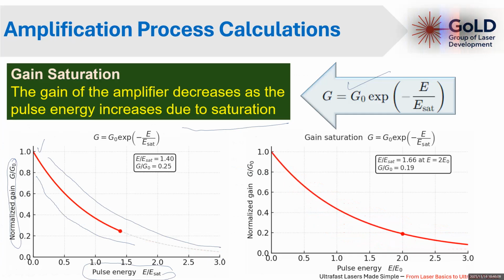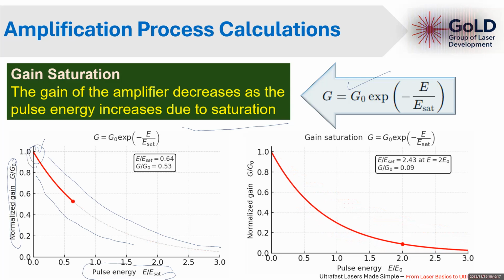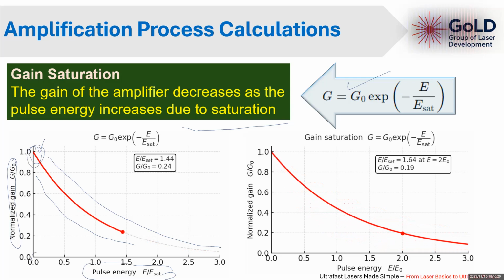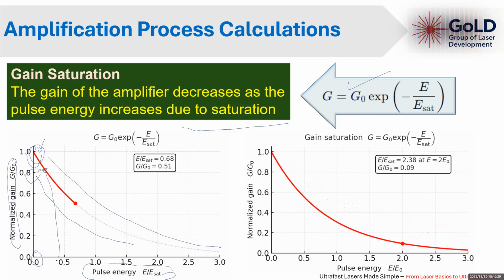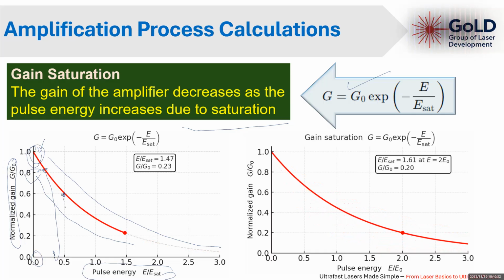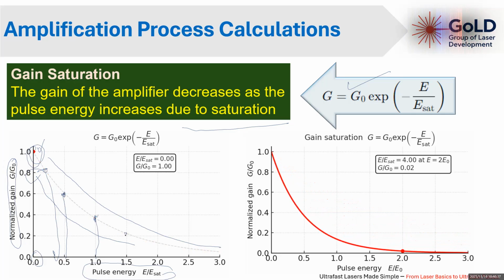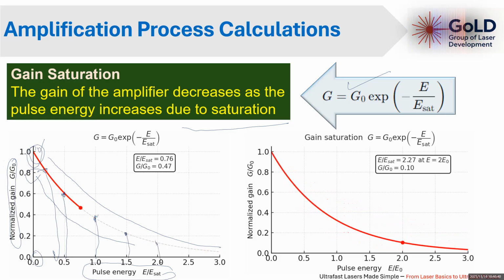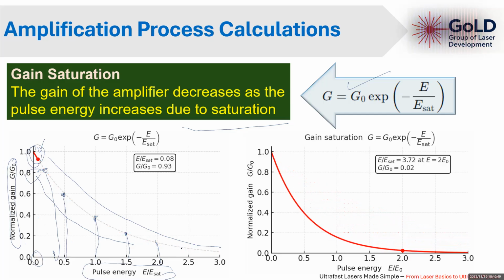So what exactly does it show? If the normalized gain is 1, your pulse energy is 0, and as you move along the curve, the gain is reducing but the pulse energy is increasing.